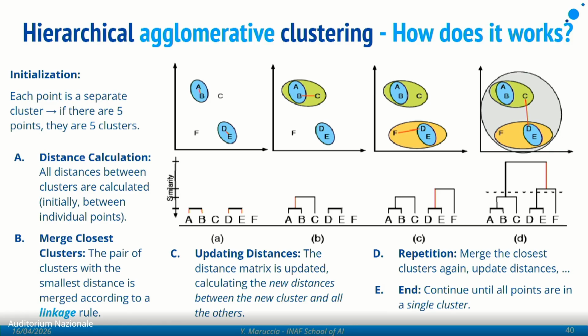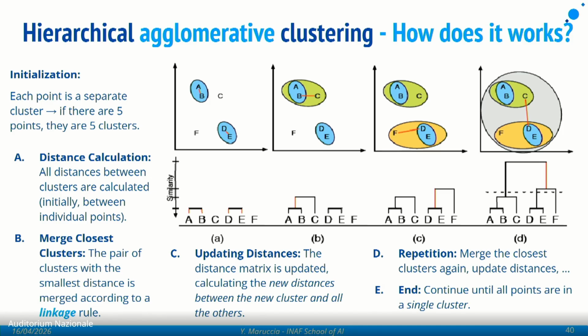So we need to calculate the distances between the points, and then we merge the clusters that have the smallest distance. The pair of clusters with the smallest distance is merged according to the linkage rule. I will show you this linkage rule because these are the metrics that will be used, and they are very, very important.